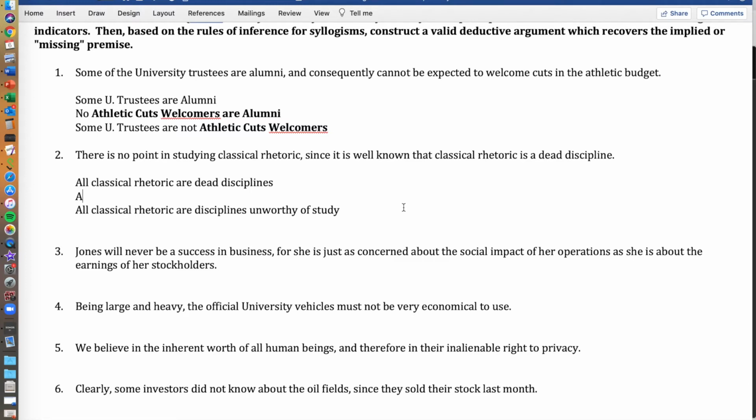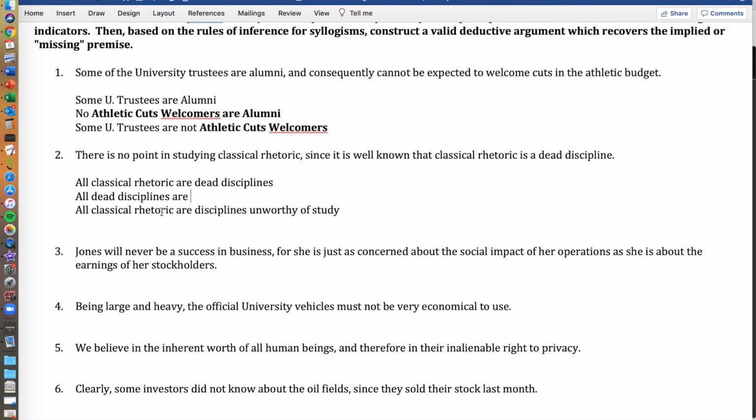Since I know the missing premise is affirmative, now I also know it's a universal affirmative, because only with a universal affirmative do I get a distributed term, and that's if I put that term in the subject position. So it would be all dead disciplines are, and then we look at the end terms.